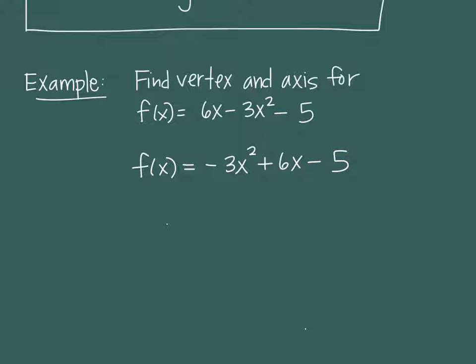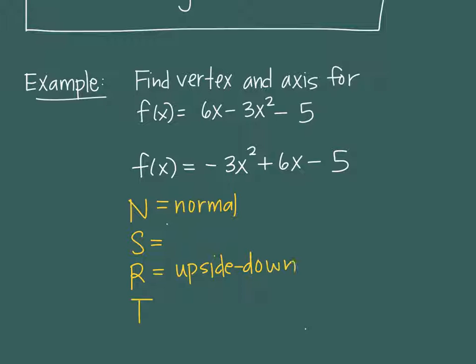It's upside down, okay? It's upside down. So we think about all of the NSRT stuff that we did before. Now it's in the normal order, so we've got that right. Okay, upside down is the reflection because of the negative. What else can I tell?